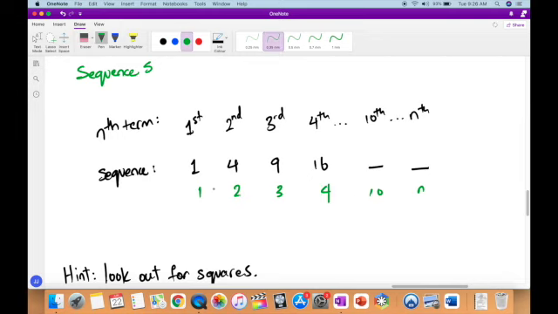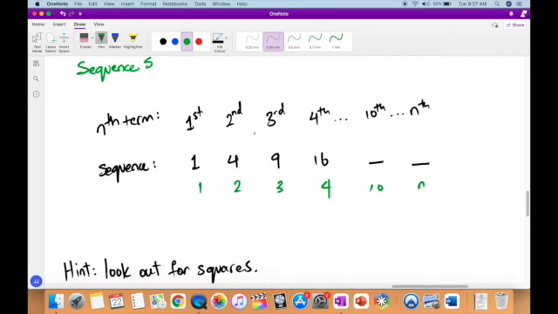So what else could we try? We could try multiples of 2. We already tried multiples of 2. We already tried multiples of 3. So let's try this last hint here. Look out for squares. Alright, look out for squares. So if I take 1, what will I need to multiply by 1 in order to get 1?